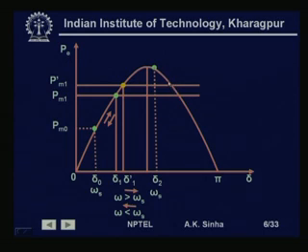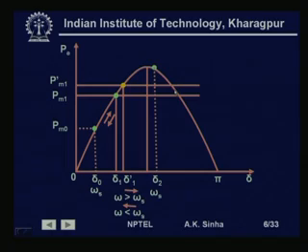Now, suppose we have not reached synchronous speed by the time we cross this point. Then we have a mechanical input equal to this much and an electrical output which is less than this.